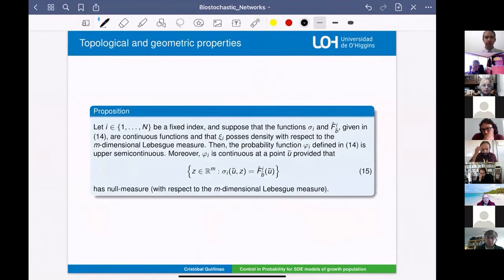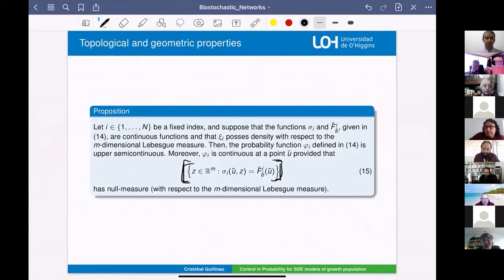This probability function is upper semi-continuous, and moreover, phi I is continuous at the point u whenever this set has null measure. And as I talked to you before, there was a very similar set that we proved was closed. So now we use that closed set in order to prove this proposition.